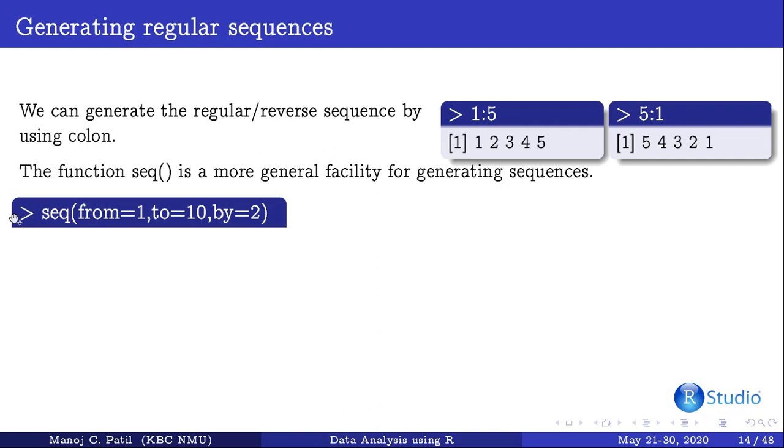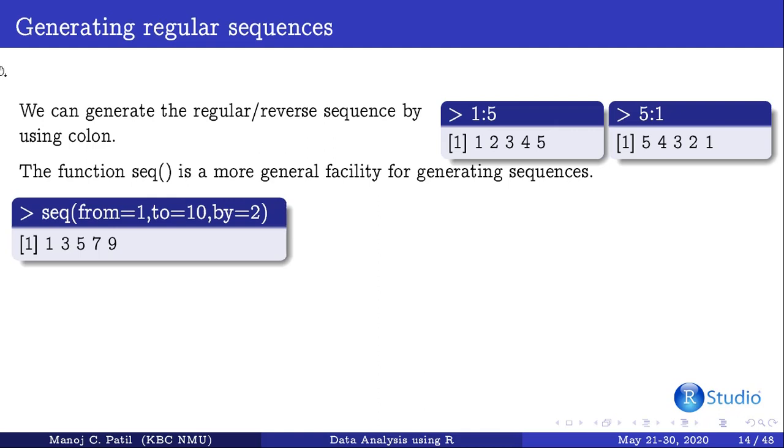You can observe that it has the arguments from, to, and by. We submit from, the starting point, which is 1, up to 10, with the difference by 2. So it will generate starting from 1, 1 plus 2 is 3, 3 plus 2 is 5, 5 plus 2 is 7, 7 plus 2 is 9, 9 plus 2 is 11.